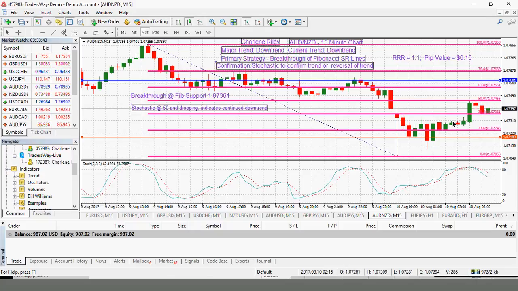So my trade setups will be in order to enter into a buy, I'd be looking for a break above this 1.07456. Or if we enter into a sell, I need a break below the 1.07361 line.